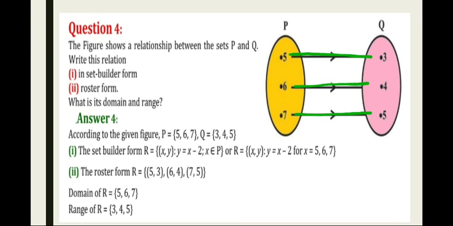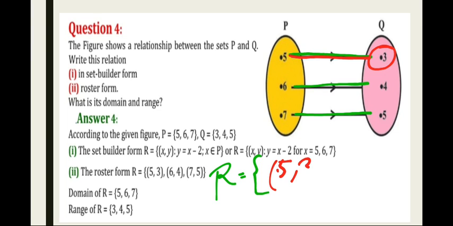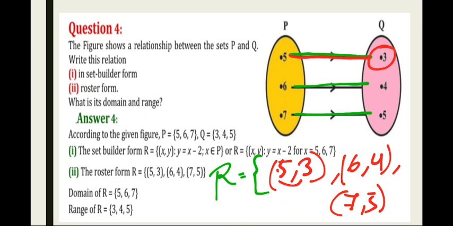So, when you are writing this relation in roster form, it will be R. If you take the first one, 5 goes to 3, which means 3 is the image of 5. So, the ordered pair will be 5, 3. Similarly, 6, 4, where 4 is the image of 6, and 7, 5. So, this will be the set in roster form.